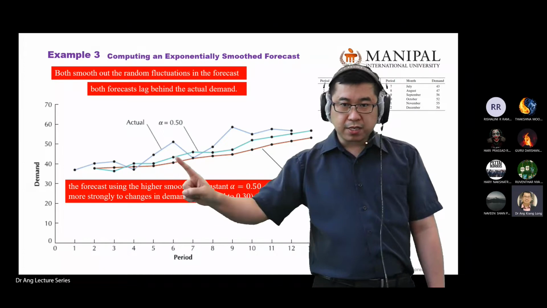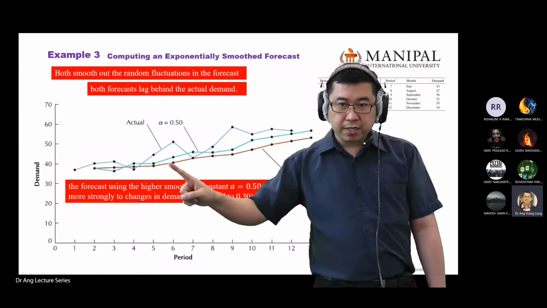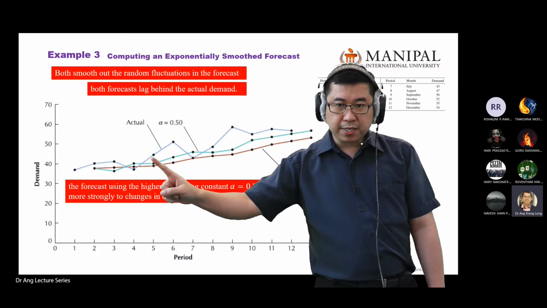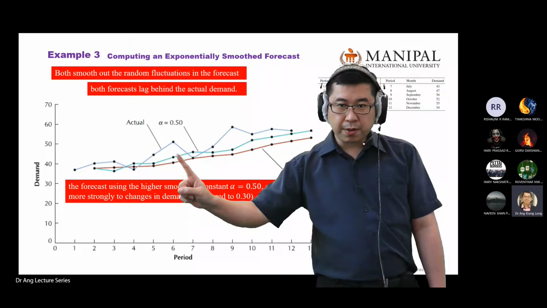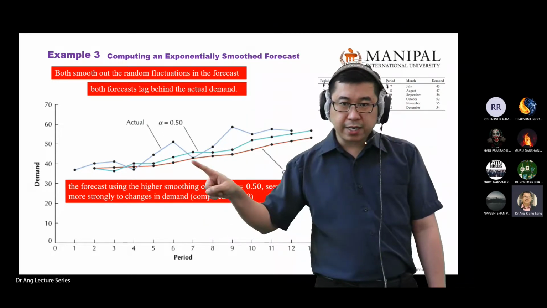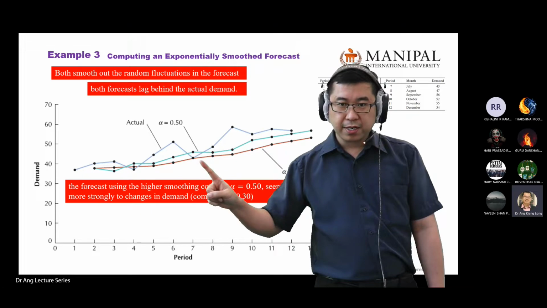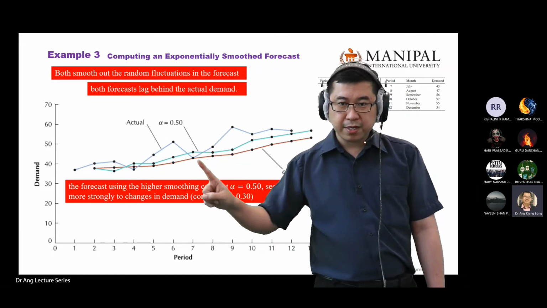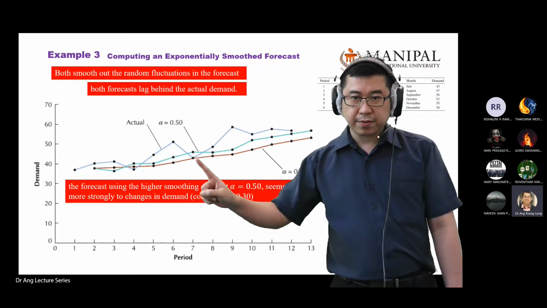So you can see this is 0.5, and this is 0.3. If there is a peak in the previous month, the line will go up a little bit, and then the line goes down. You see the 0.5 line goes down, and the gradient from this point to this point is a little bit steeper compared to the 0.3 line here.